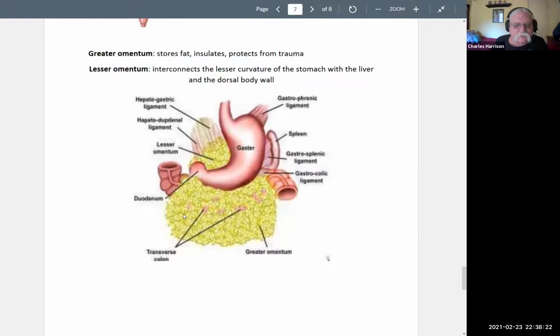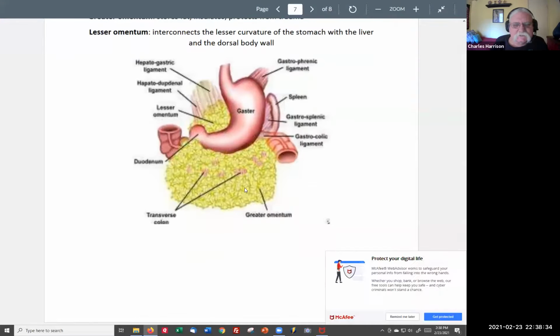It's also called that, fatty apron. It stores energy. It insulates. If you were going to hibernate, not that we do, this is very, very important.